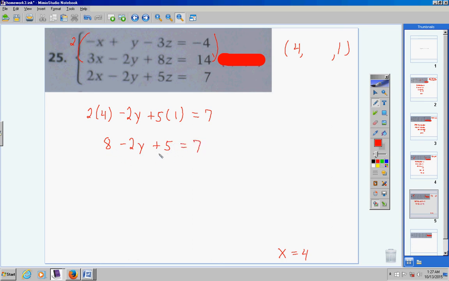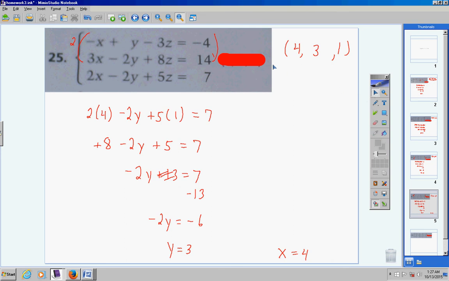Combine your like terms, +8, +5. So -2y, +13 equals 7. Bring your +13 over and make it a -13. That should leave you with -2y equals -6. Divide both sides by a -2. And a negative divided by a negative is positive, so your y should be a 3.